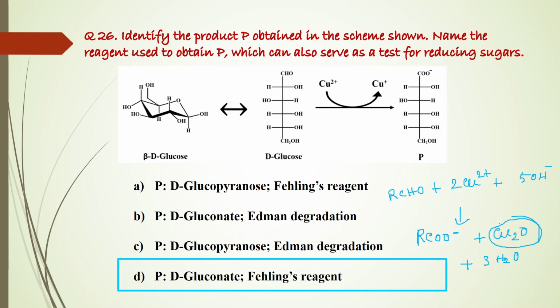The formation of this cuprous oxide confirms the presence of an aldose or a reducing sugar. So it is called Fehling's reagent, and ultimately the correct option should be P is D-gluconate and the reagent used is Fehling's reagent. So yes, I think this is it.